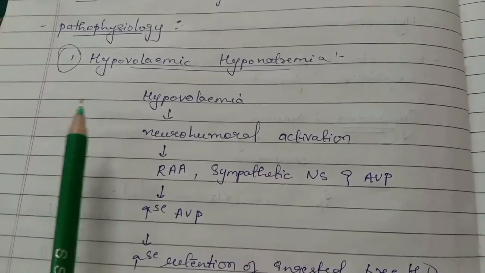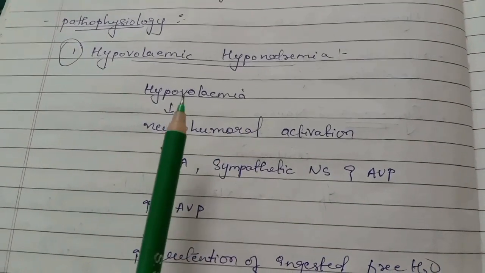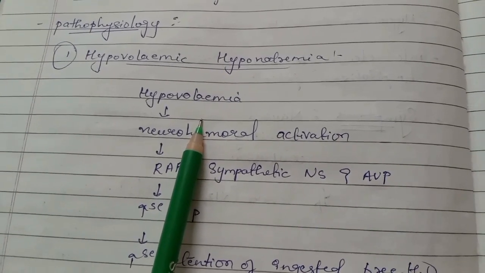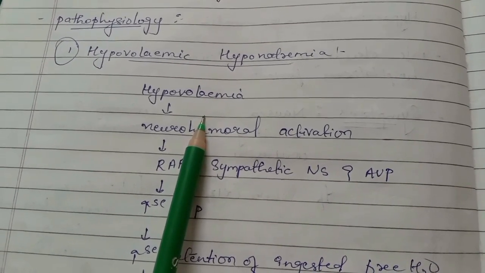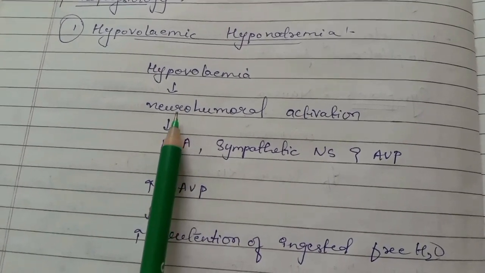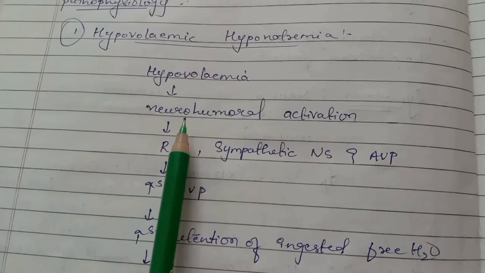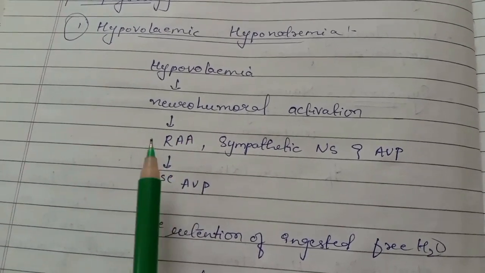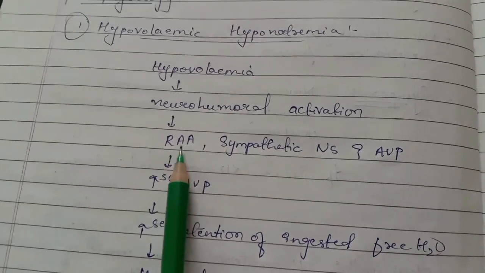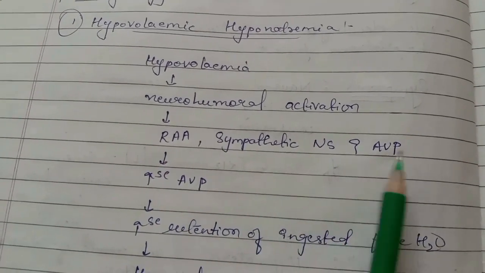In hypovolemic hyponatremia, if there is hypovolemia, like in diarrhea or vomiting, there is a large volume loss. It activates neurohumoral mechanisms, which in turn stimulate the renin angiotensin aldosterone axis, the sympathetic nervous system, and AVP.